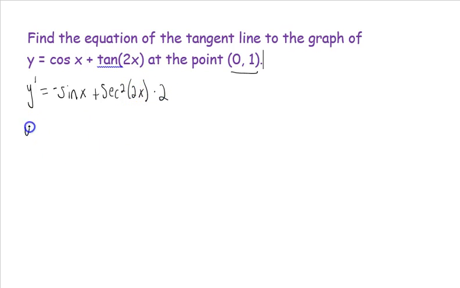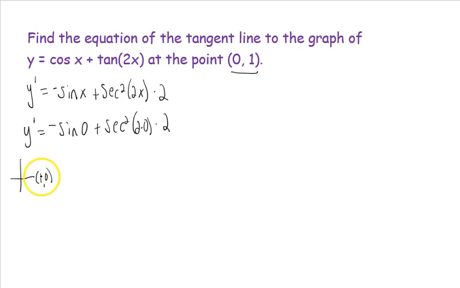Now I'm going to plug in my point, and this derivative just has x's, so we just plug in the 0. So negative sine of 0 plus secant squared of 2 times 0 times 2. And then to figure these out, you'll have to remember on your unit circle, at 0, the point is (1, 0).